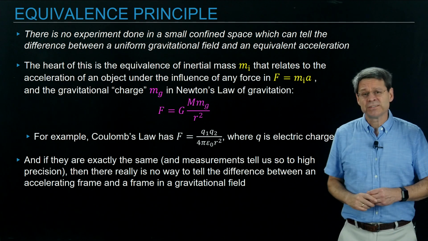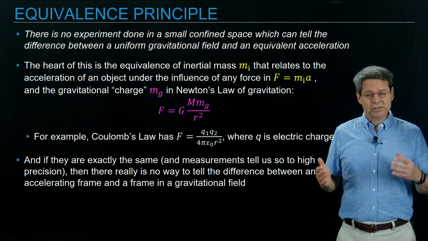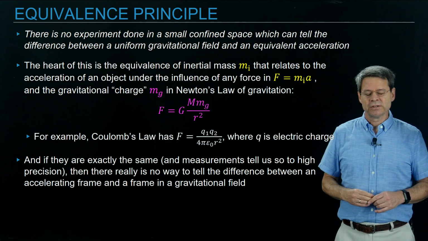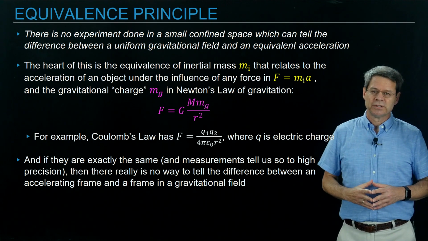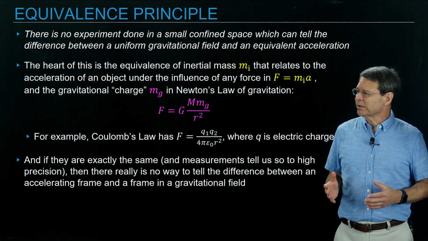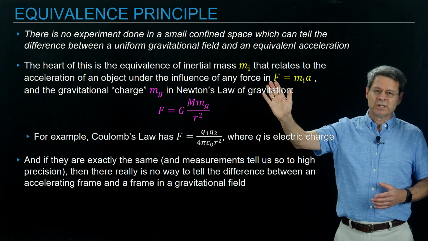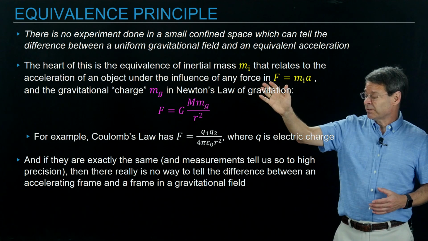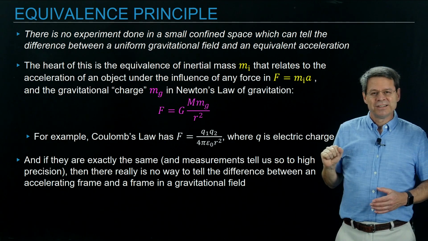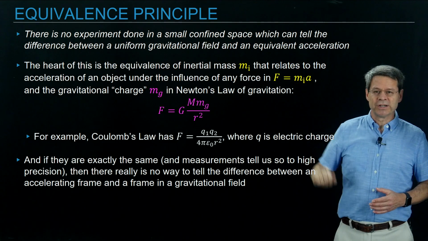And if they are exactly the same, and actually measurements tell us that they are so to a very high degree of precision, as precisely as we can measure, then there really is no way to tell the difference between an accelerating frame, one where we feel the force that's causing the acceleration by F equals ma, and just the force due to gravity.